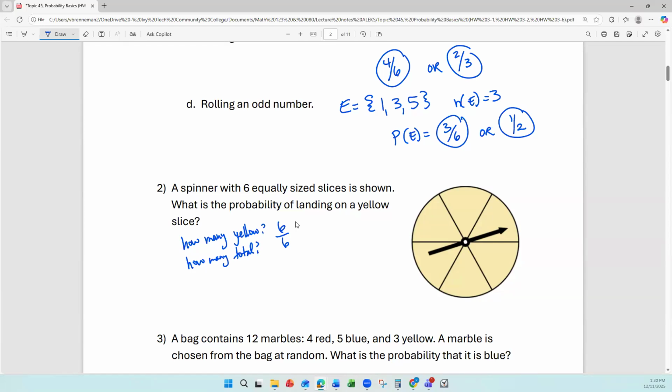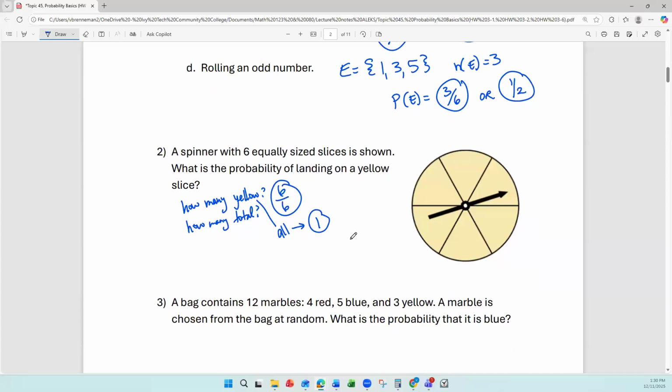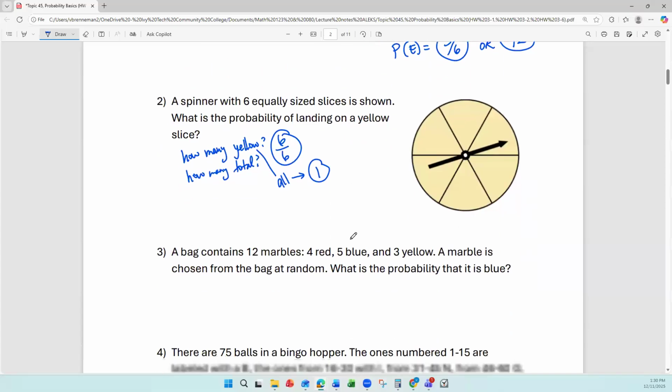Or we could say how many yellow is all, and that's going to be a probability of 1. So a probability of 1 is that all of the sample space is included in the event. So when you spin, you're guaranteed to land on a yellow slice. We're not worried about, like, what if it lands on a line, then it's on black? It's just assuming it's landing on one of the slices, then probability of 1.